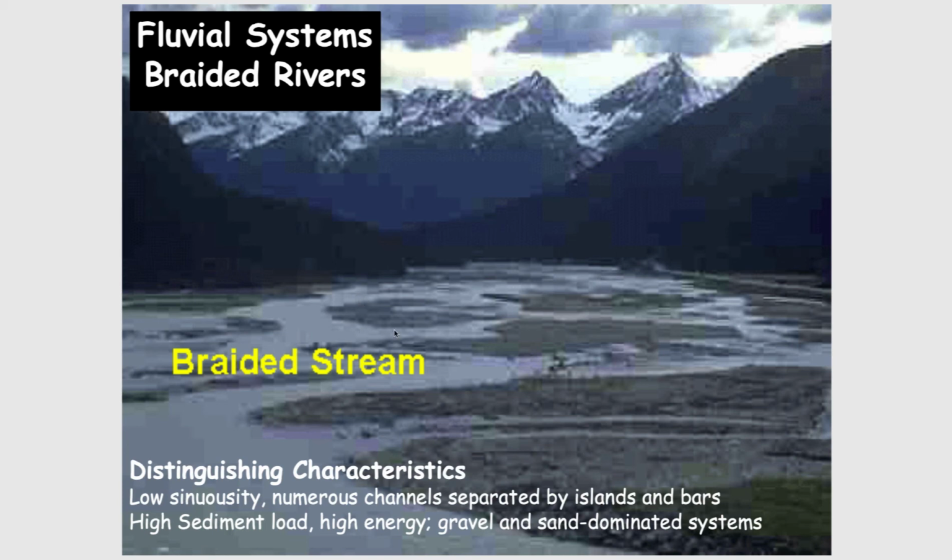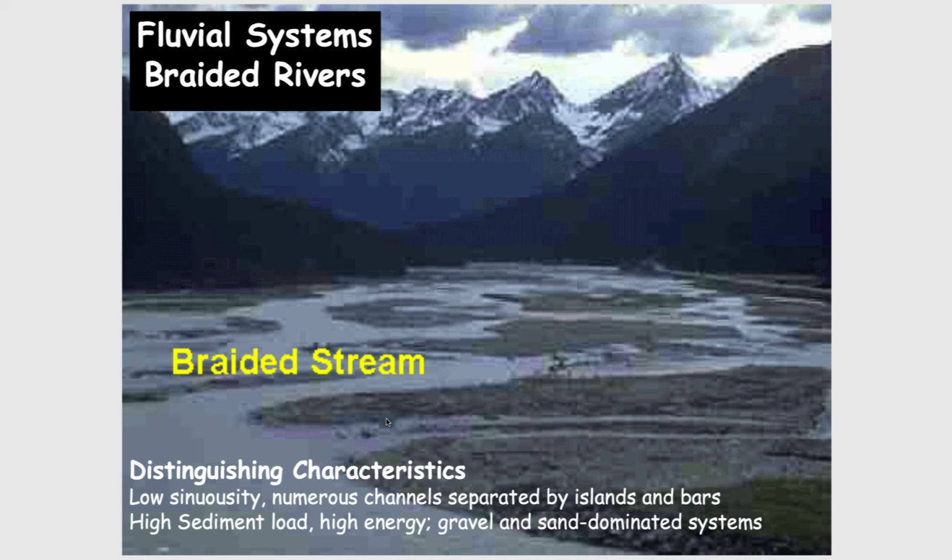So accumulations of sediment often separate the main stream into substreams, which are characteristics of this type of river system.